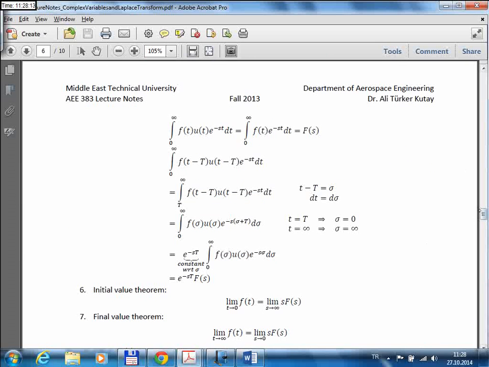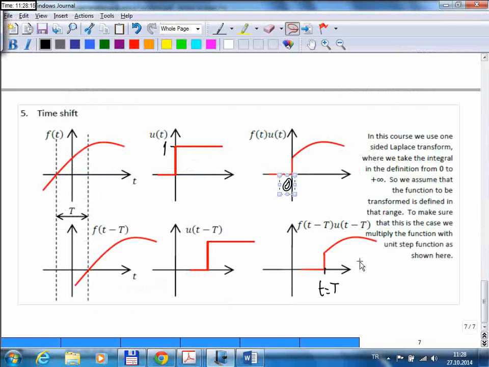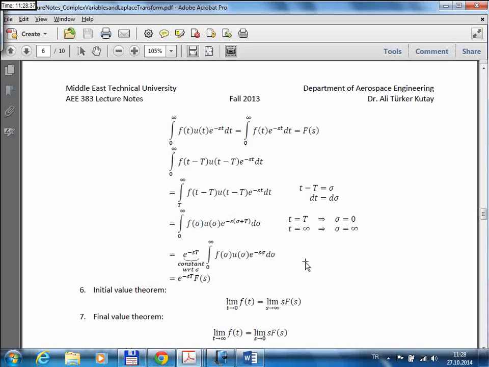Since the shifted function has non-zero values only from capital T to infinity, instead of taking the integral from 0 to infinity, we can take the integral from capital T to infinity. This doesn't change anything, since in the region before capital T the function is 0. And then we do a change of variables.